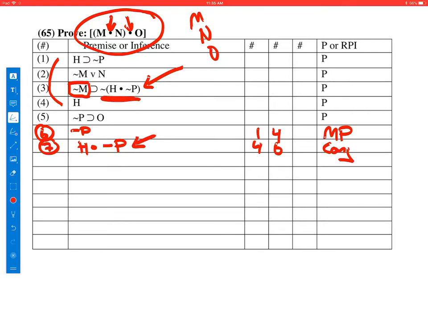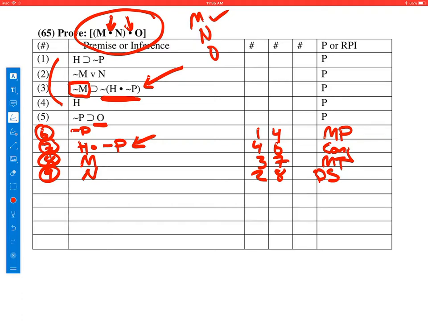Now, this, line 7, is the opposite of the consequent on 3, and that allows me to do a modus tollens to get M, 3 and 7, modus tollens. All right, so I have one of my pieces, the M. What about the N? We'll look at line 2. It says not M or N, and I have an M, so I can do a disjunctive syllogism and get N. 2 and 8, DS.